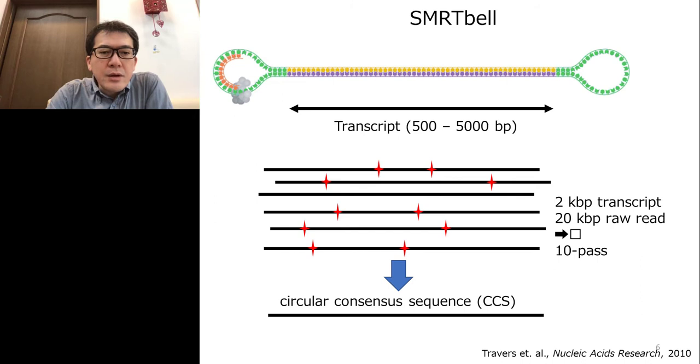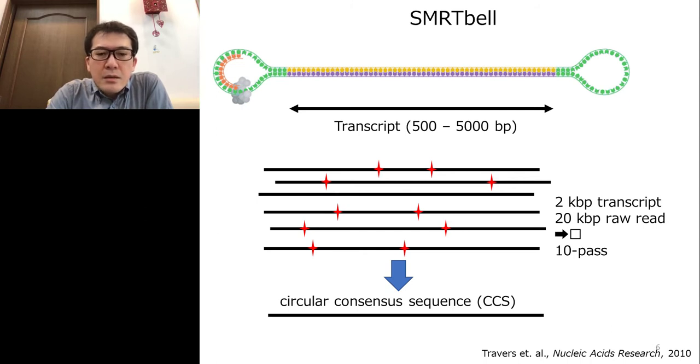The generated double-stranded cDNAs are ligated with hairpin DNA, adapter DNA oligos with hairpin structure. And starting from the hairpin loop, DNA polymerase goes through this circular structure repeatedly.